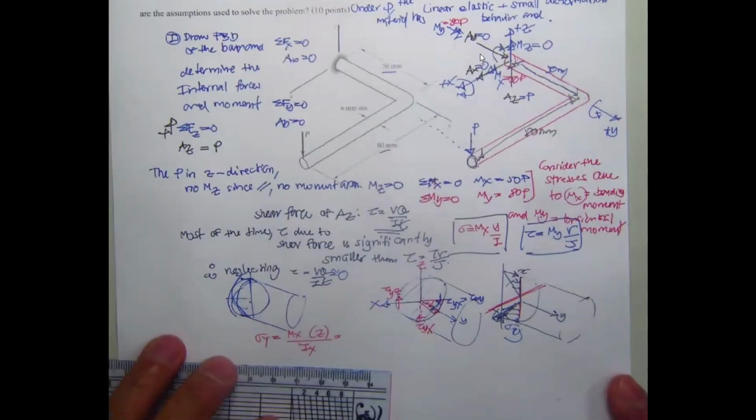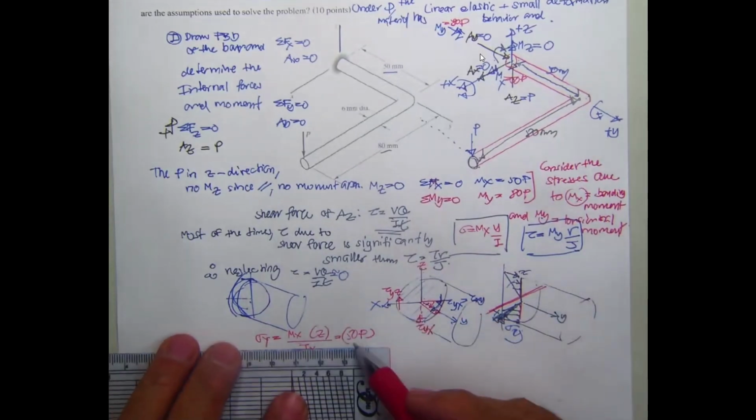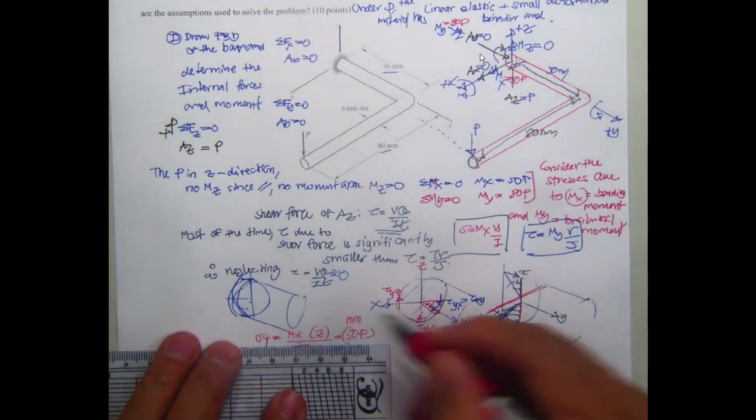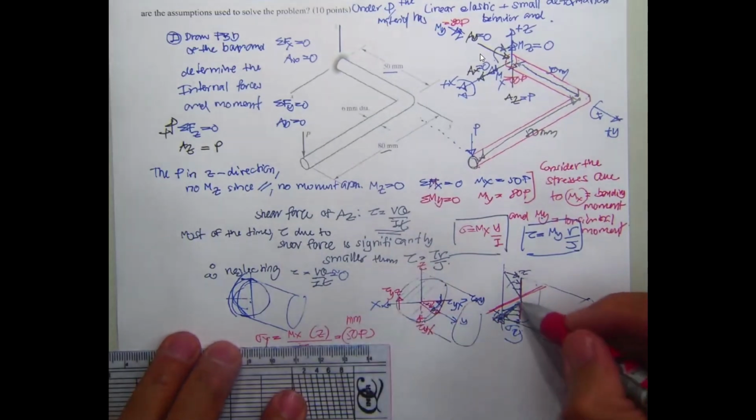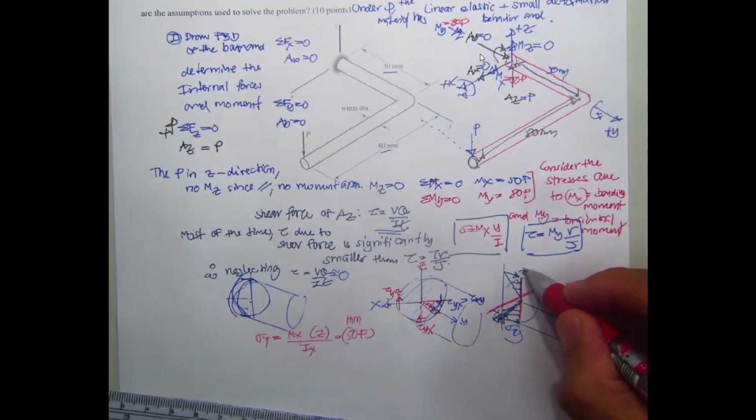It's okay, but this is going to be 50P, 50 in millimeter, times P, times c. You measure this one up. They didn't tell us about the diameter, right?